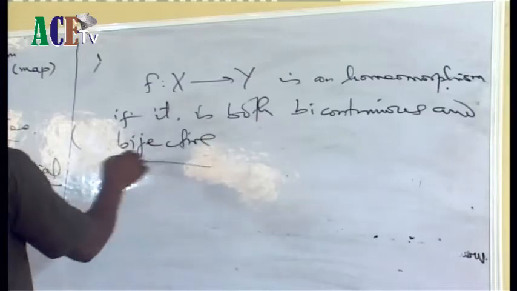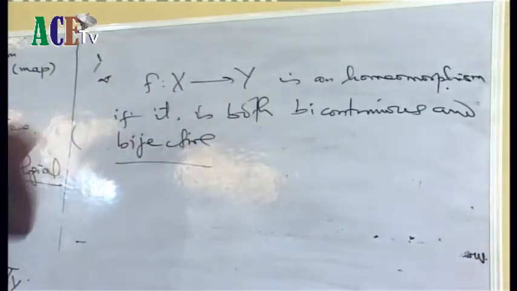So this is an alternative definition of homeomorphism. You cannot talk about an equivalence of topologies without talking about a map which is a homeomorphism that exists between the two topological spaces.